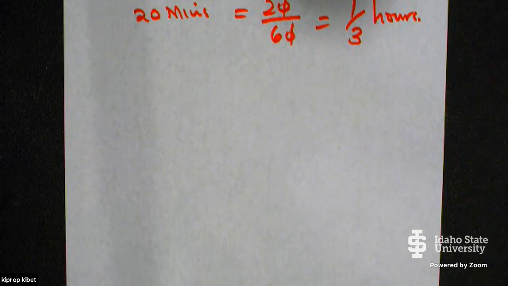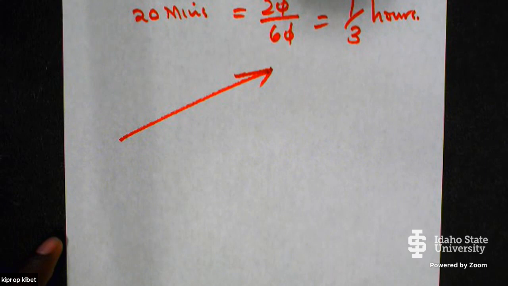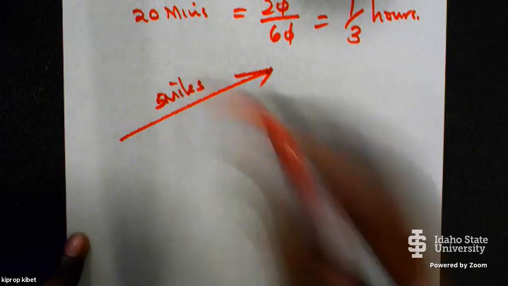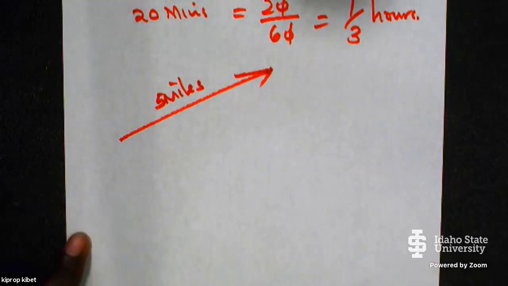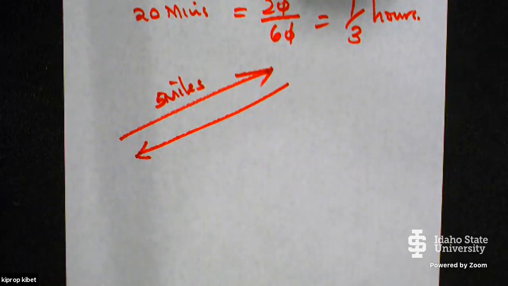So this guy rode his bike uphill 5 miles, and then back downhill. That's the same, they're covering the same miles, going up and coming down. The rate at which he traveled downhill was 20 miles per hour faster than his rate going uphill.